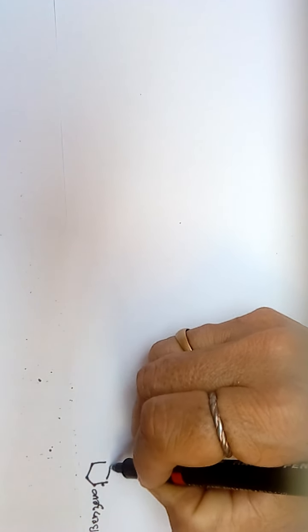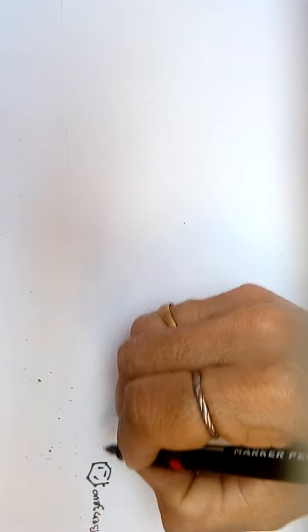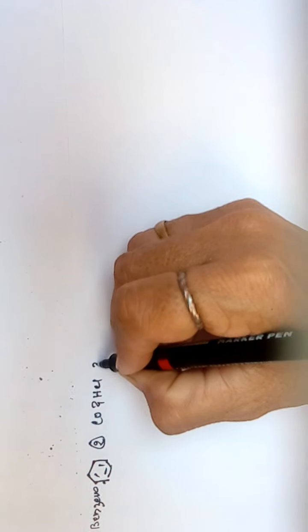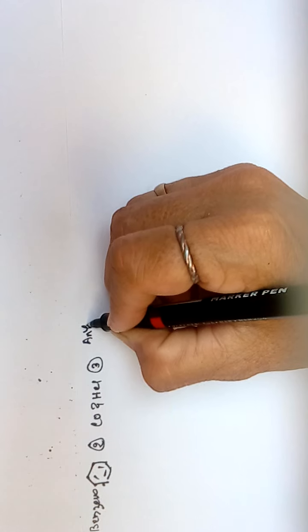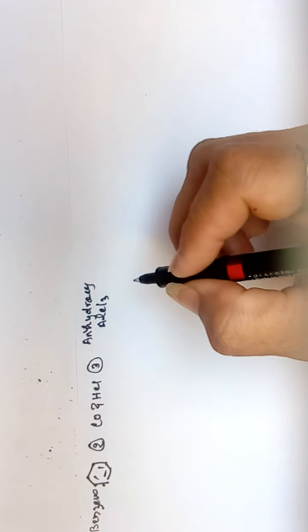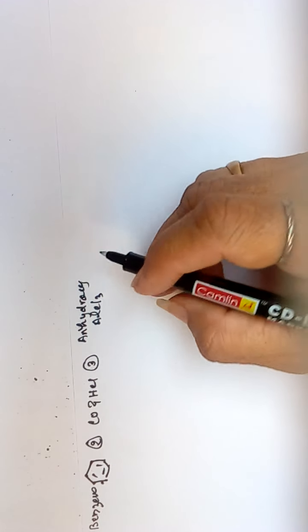The reagents used in this reaction are: number 1, benzene; 2, carbon monoxide and HCl; 3rd, anhydrous AlCl3. Now let's see the whole reaction.